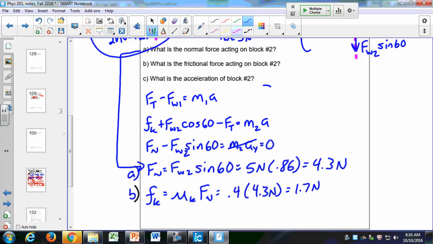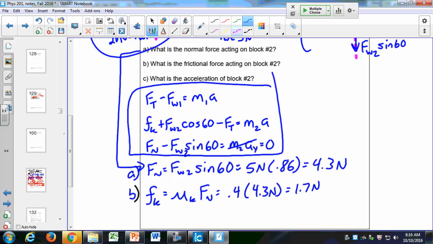And now the hard part of this problem is finding the acceleration of block number 2. Well, let's look at our equations. These are all of our equations. Right now, we fully exhausted this third equation, so I'm just going to take it out. You can leave it because we needed it to find the normal force. But now if I look at these, and I want to know the acceleration, notice both of them have the acceleration here.